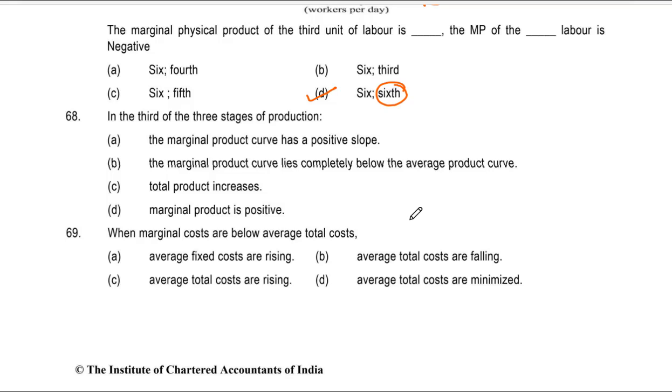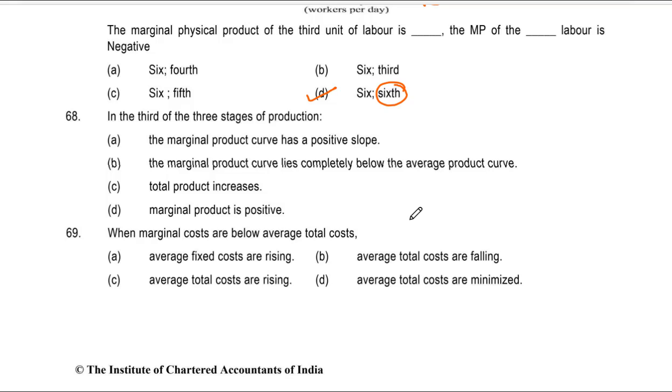Let's go to 68 now. In the third of the 3 stages of production, A, the marginal product curve has a positive slope. The marginal product curve lies completely between the average product curve. The total product increases and marginal product is positive.